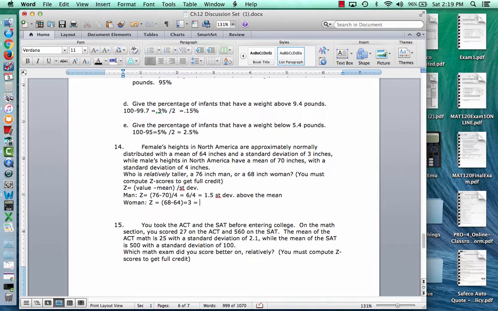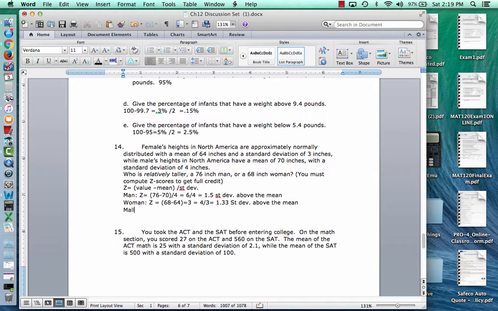So when you take 4 inches divided by 3, you get 1.33 standard deviations above the mean. So the man is taller relative to his sex, because he's 1.5 standard deviations above the mean, and the woman's only 1.33 standard deviations above the mean.